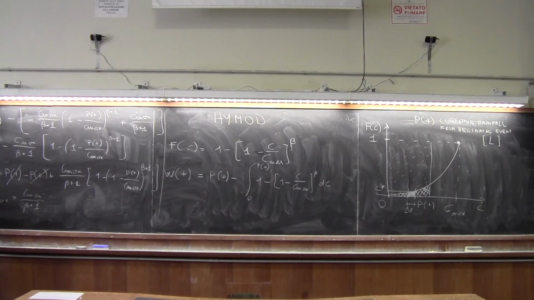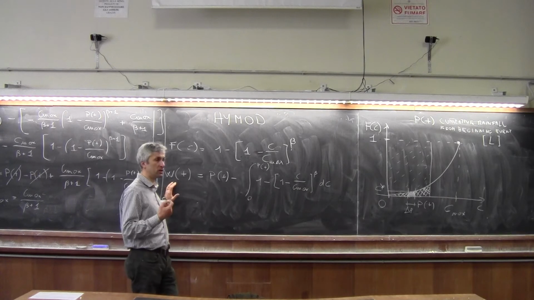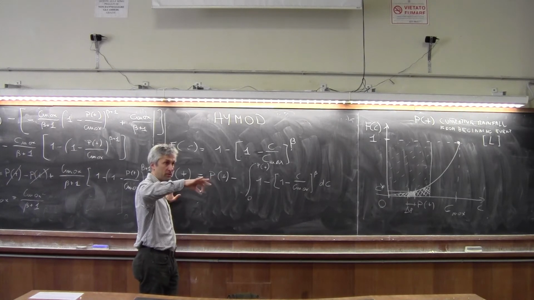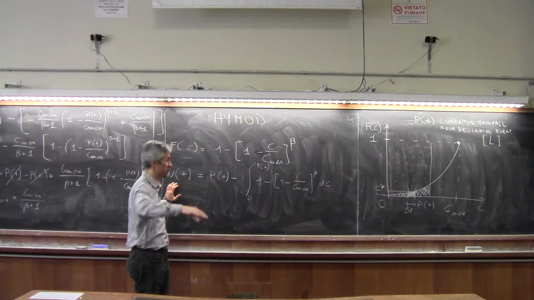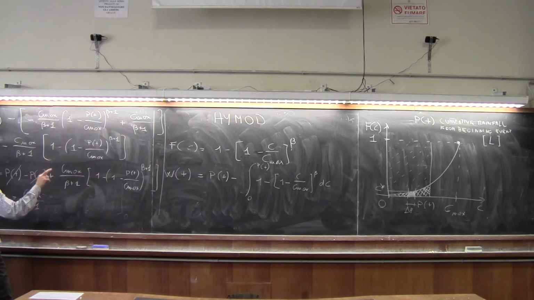At this stage, the situation is still not clear to you, because you are able to compute the cumulative water storage in the catchment from the beginning of the event and the cumulative runoff. The cumulative runoff is given by this integral here.